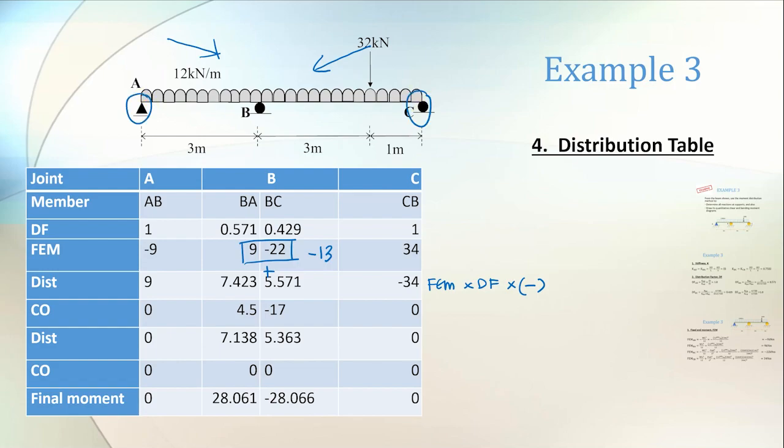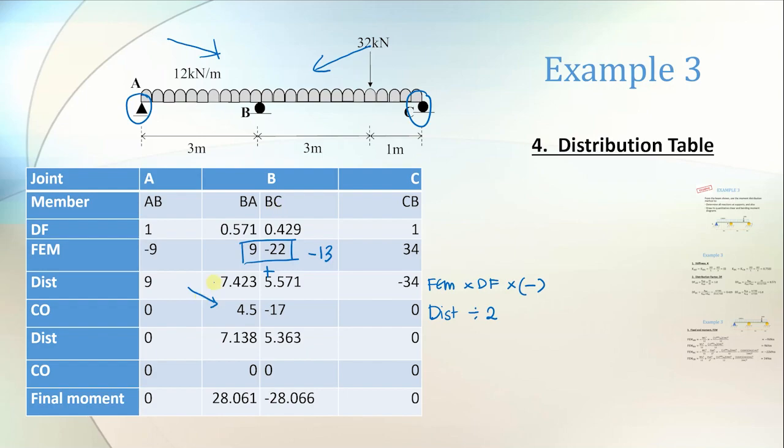This one is pin support, so you cannot carry over, and at C also it is a roller support, you cannot carry over. Therefore, for carry over, it is distribution divided by 2. So 9 you can carry over to BA, but you must divide it with 2, become 4.5.